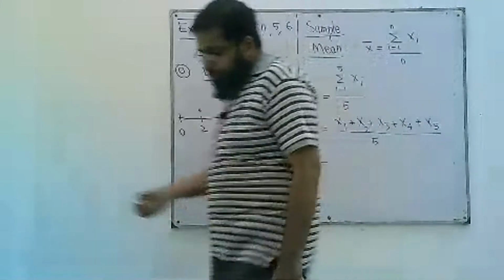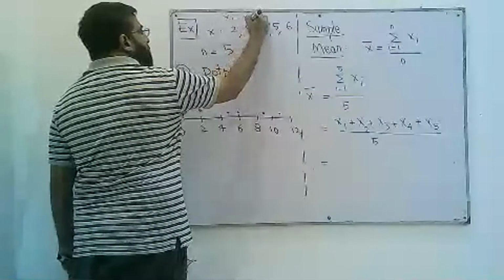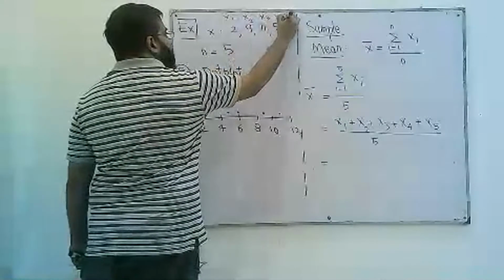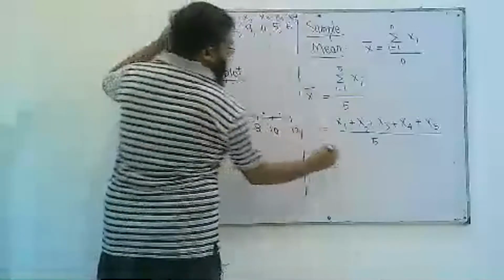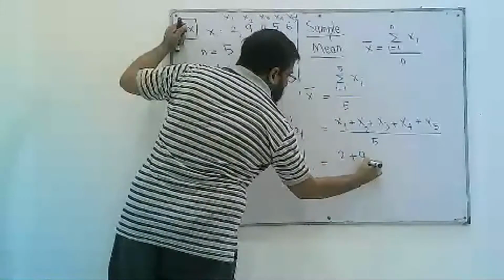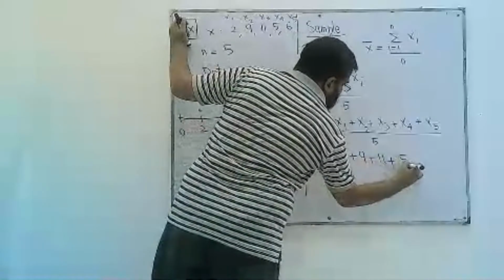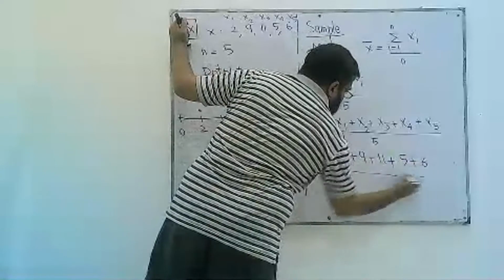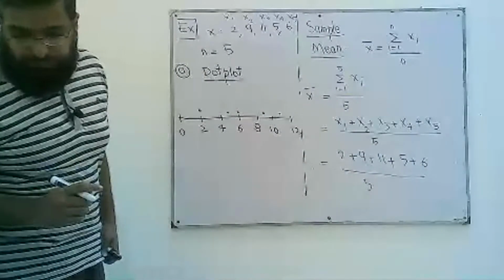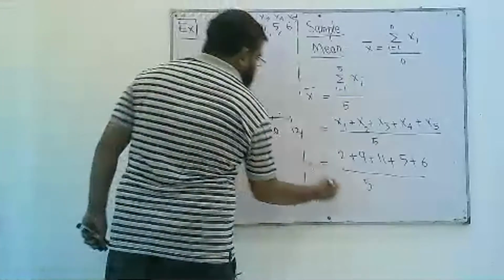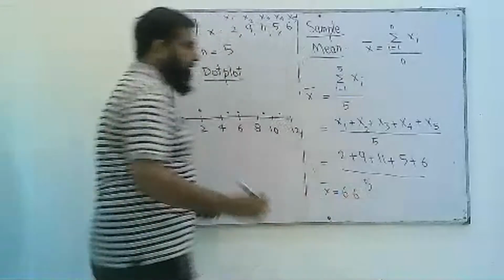What is x1? X1 is your first number. X1, x2, 3, 4, and 5. So 2 plus 9 plus 11 plus 5 plus 6 over 5. So it gives us a sample mean equal to 6.6.